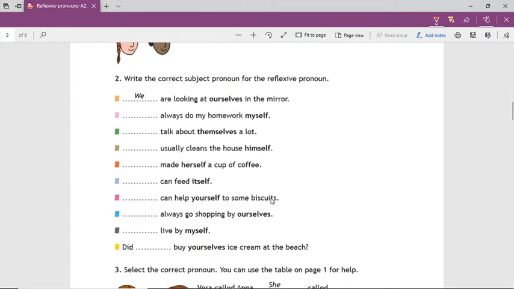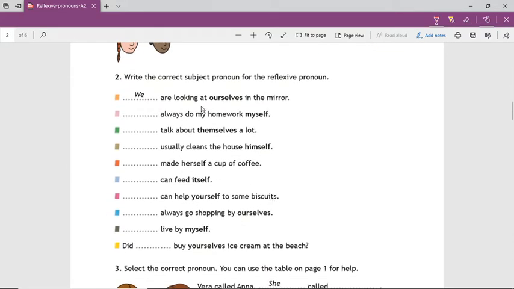Brilliant. So next up, write the correct subject pronoun for the reflexive pronoun. So this time we are reversing the task, so we're going backwards, if you like. We've got the reflexive pronoun, now we need to work backwards to work out what's happened at the start of the sentence. We are looking at ourselves in the mirror. Blank always do my homework myself.